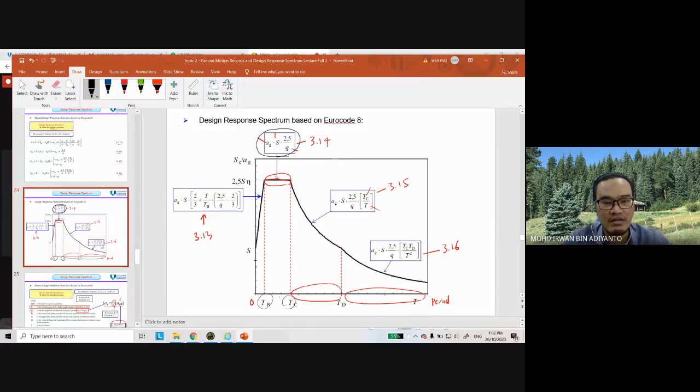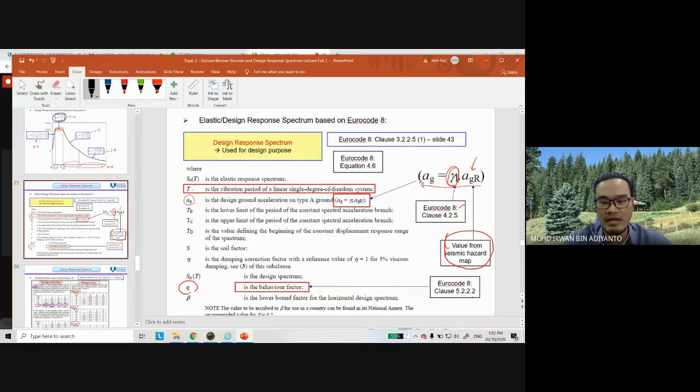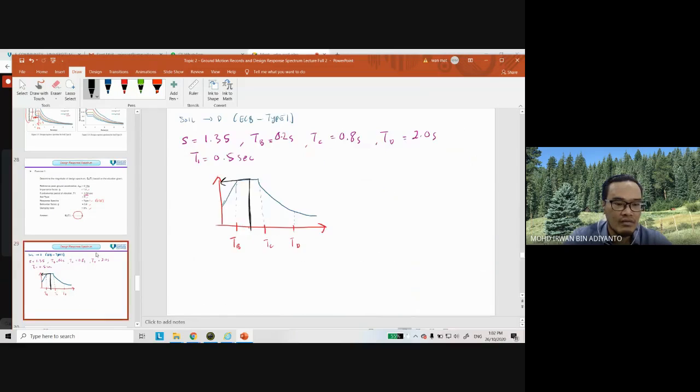Alpha G times S times 2.5 over Q. However, we have to determine the alpha G first, which is alpha G equal to gamma I times alpha GR. So alpha G sama dengan gamma I times alpha GR.